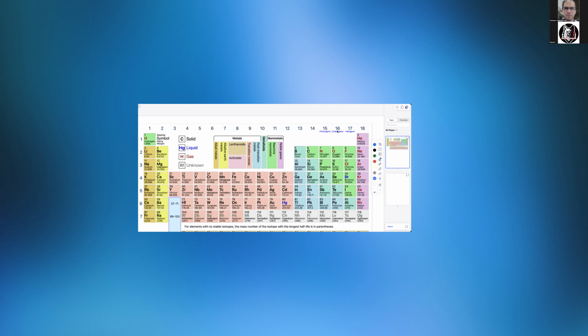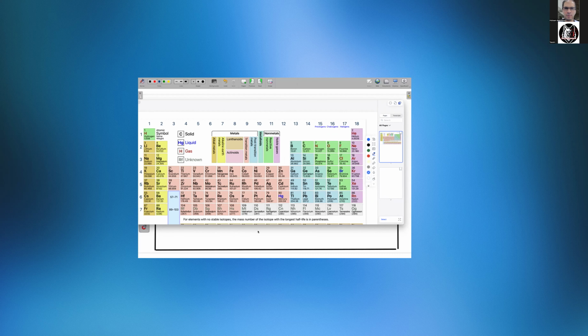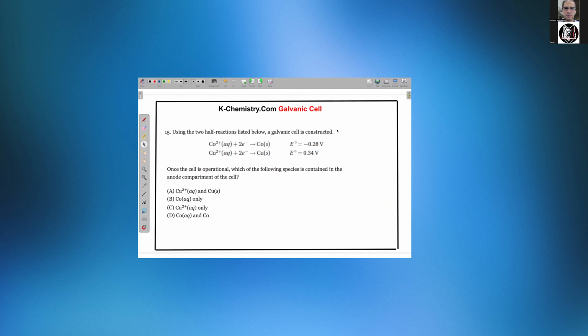I need to know, once the cell is operational, which of the following is contained in the anode compartment of the cell? So open board, let me share. Using the two half reactions, a galvanic cell is constructed. Once the cell is operational, which of the following species is contained in the anode compartment of the cell?